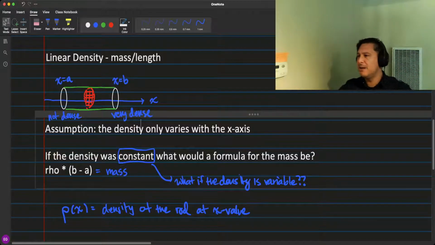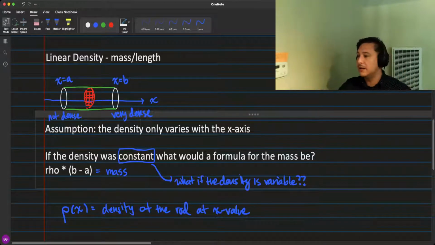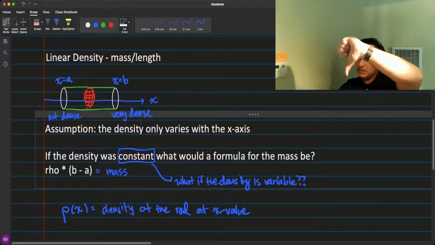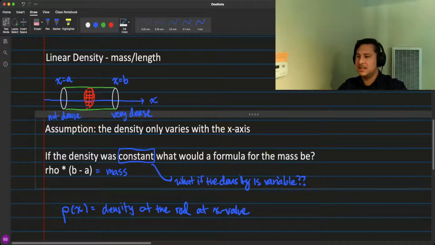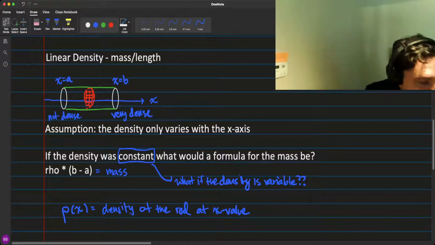The density of this thing is changing depending upon where you're looking at it. Are we good with that idea? Okay, cool.